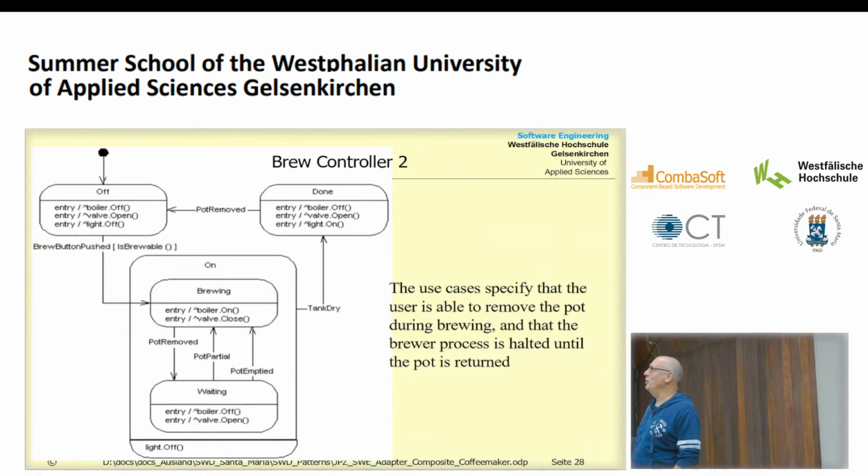We go into the brewing process because the pot is empty and we put it on the plate, or the pot still has some coffee in it. And then it's going to continue brewing until the tank is dry and we go to the done state as we usually have it. So you see that you have to model very carefully if you have to use states, and you have to model that properly.